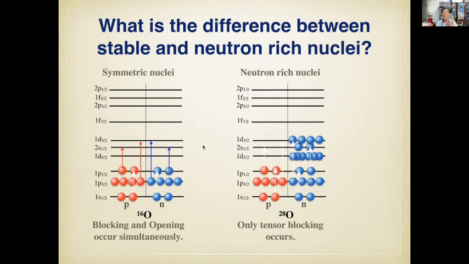So essentially, your potential depth changes. All binding energy changes by this amount. So that's why oxygen-28 really loses energy and cannot make a doubly closed shell.